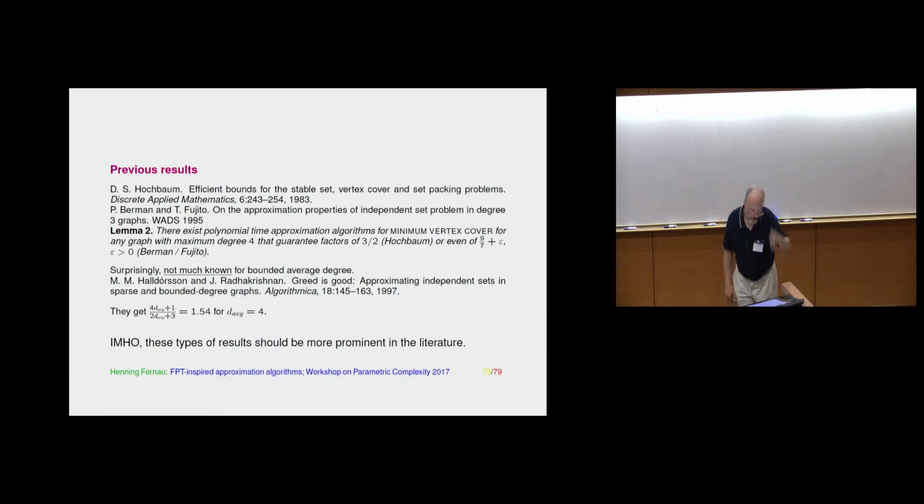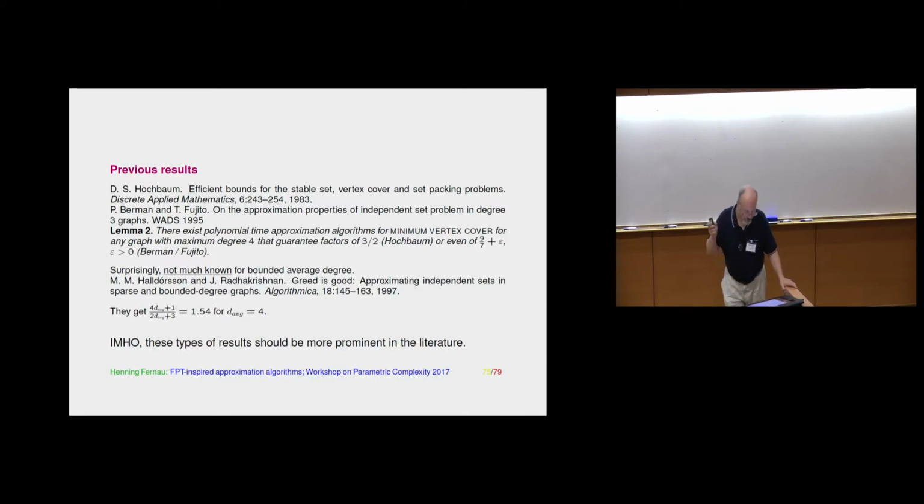So there are basically 2 papers to be mentioned that deal with bounded average degree graphs before, and also bounded degree graphs like these 2, where this Bar-Yehuda–Fujito paper has some funny drawbacks, I must say. We tried to implement that, and this epsilon that comes into play there is not that small in practice.